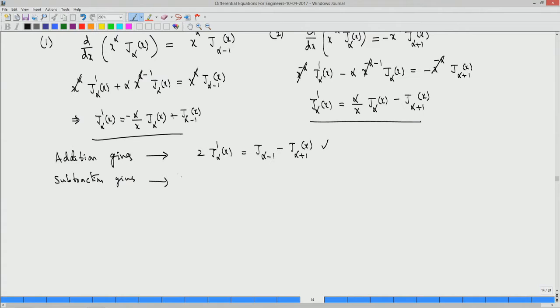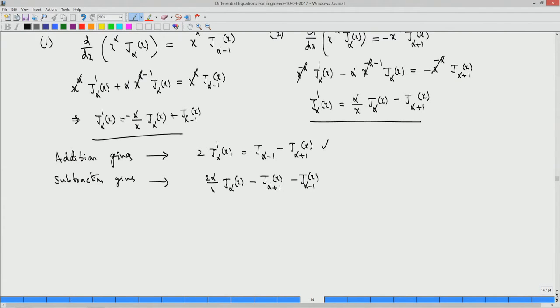And subtraction gives you, if you subtract them, the derivatives go, and what you are left with is simply 0 equal to 2 alpha by x J alpha of x minus J alpha plus 1 of x minus J alpha minus 1 of x.